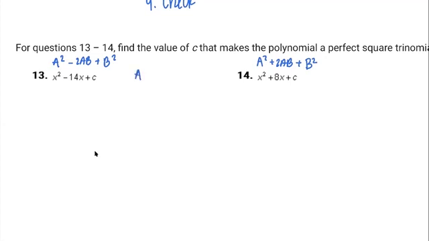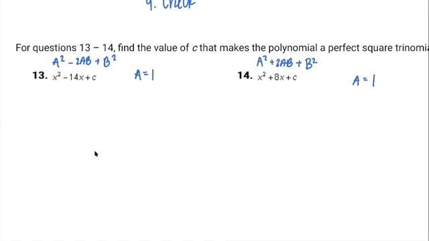This is kind of easy for us because a in both of these cases is equal to 1. It's saying find the value of c that makes it a perfect square trinomial.